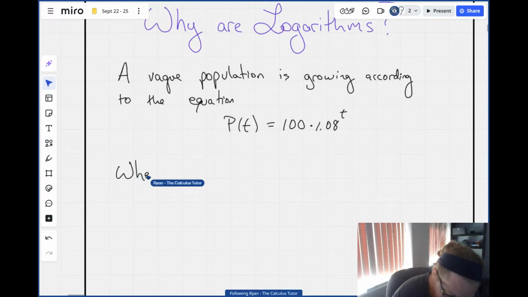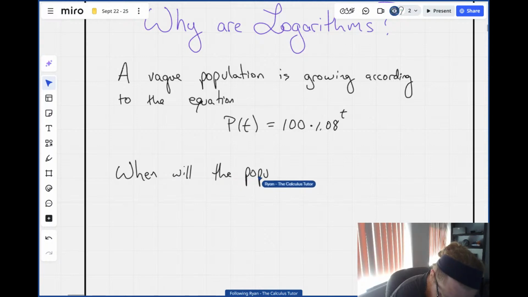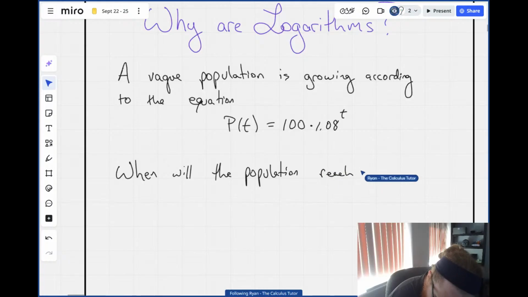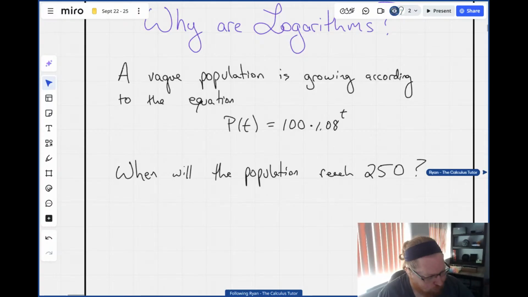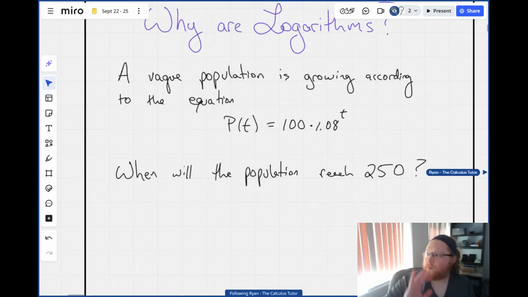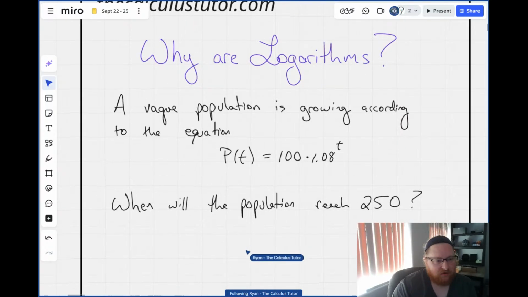When will the population reach 250? I'm making every aspect of this up, right? Not picking numbers that can come out nicely. So super contrived, but I would still argue representative scenario.